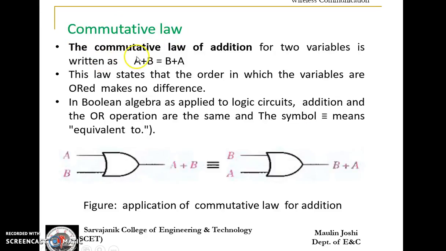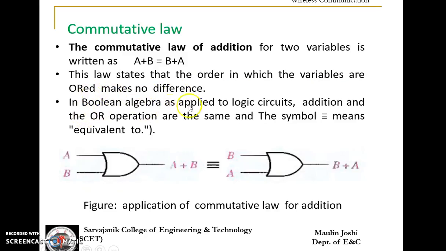Commutative law. The commutative law of addition for two variables is written as A plus B equal to B plus A. This law states that the order in which the variables are ORed makes no difference.